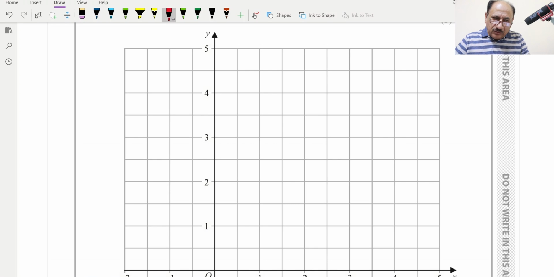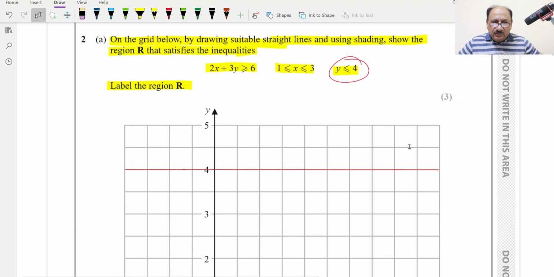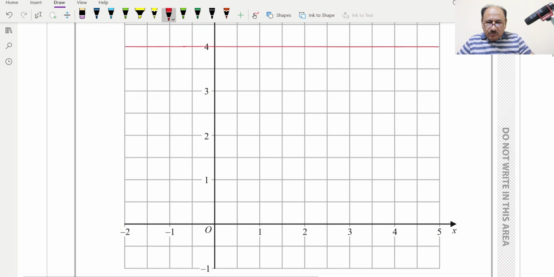So we can draw that line. Y is less than or equal to 4 will be this line, and because it is less than or equal to, we draw a solid line. This is the line which we have drawn. The second inequality is x greater than or equal to 1, so it will be over here.